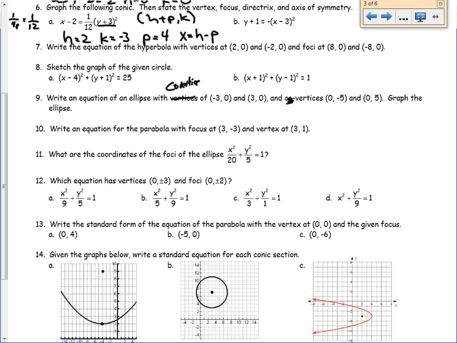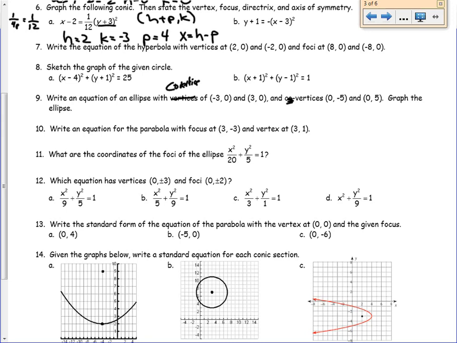Well, based on the logic now, I can deduce some things. I can figure out from this being 0 and this being 0 that H is 0 and K is 0. Well, if I ended up with 5 and negative 5, A must be 5 and B must be 3. So now I would have x minus 0 squared over 25 plus y minus 0 squared over 9, and it would be equal to 1.